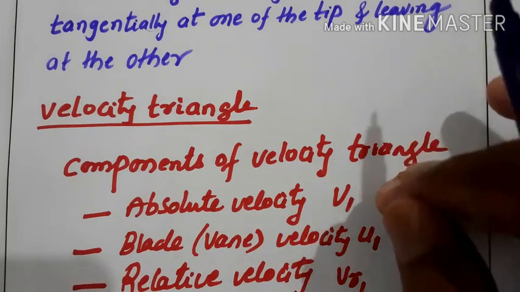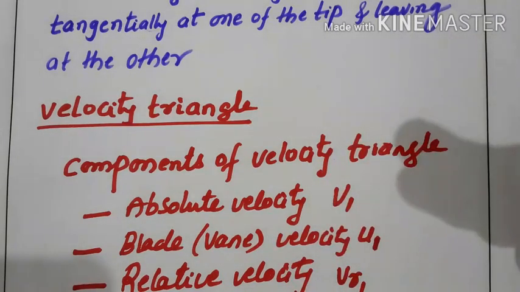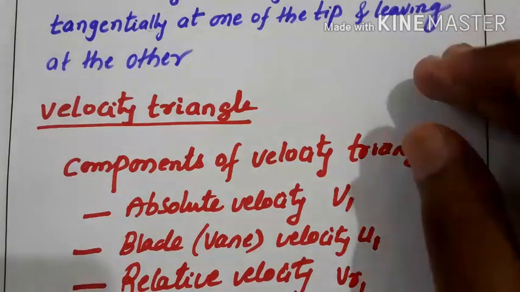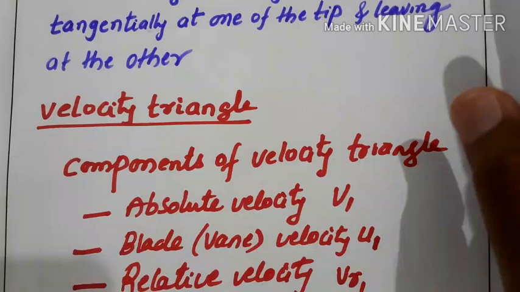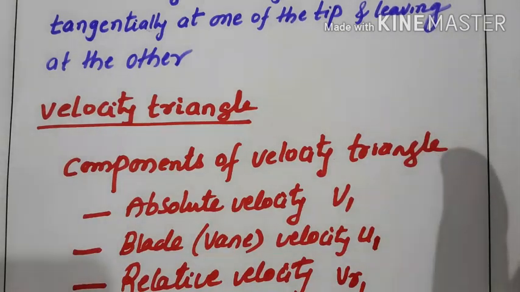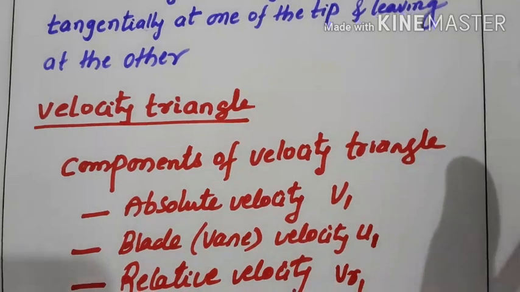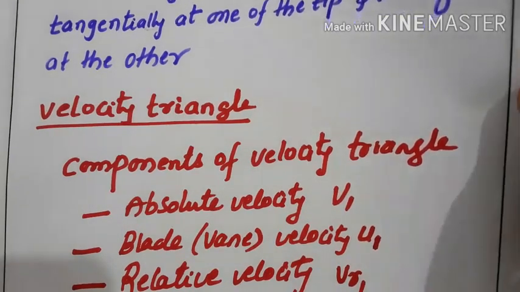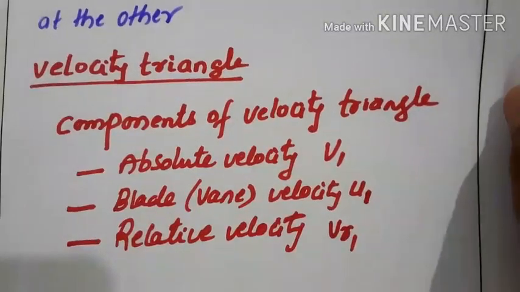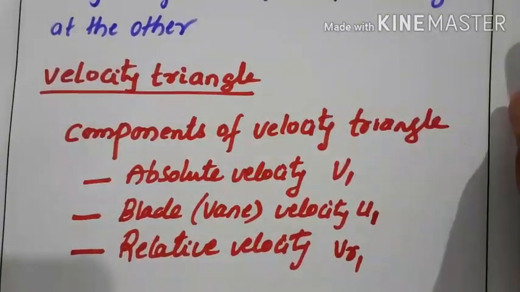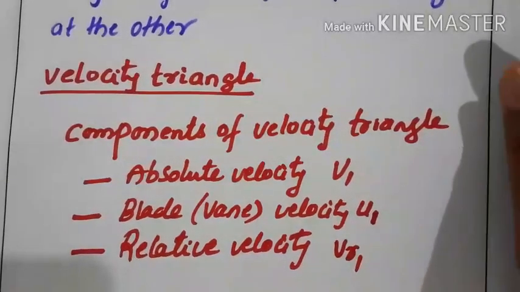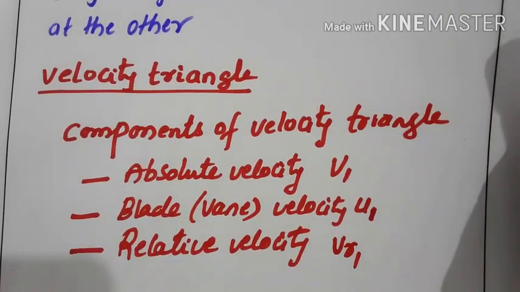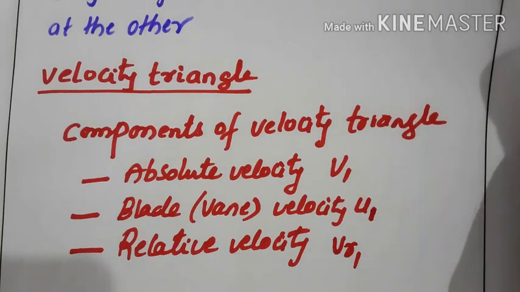So in these turbo machines, whether turbines or compressors, if you want to analyze the fluid force, or calculate the force exerted by the fluid or the work done by the fluid, we have to use the velocity triangle concept. What do we mean by velocity triangle?